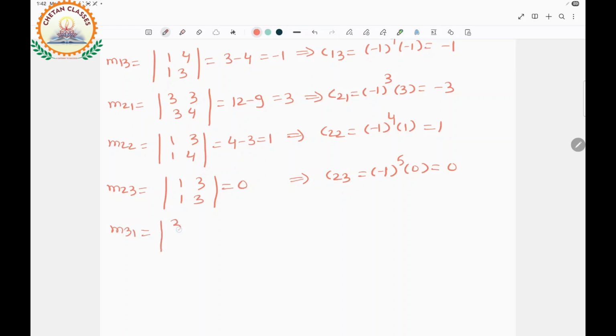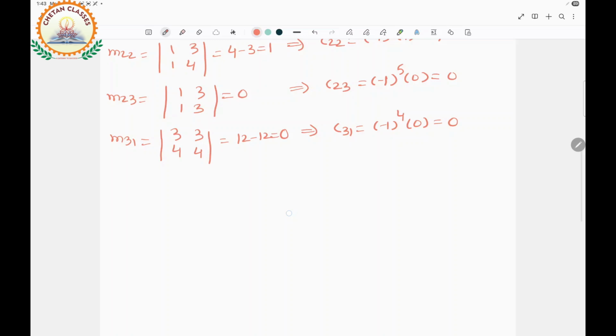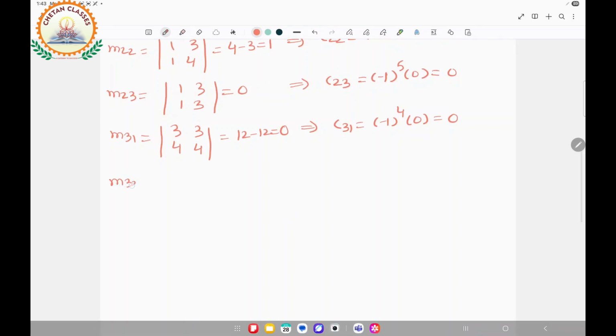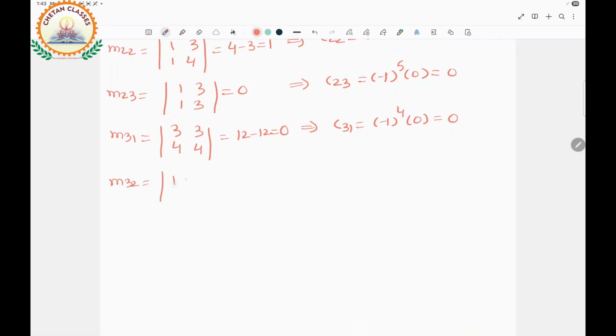M31 is determinant of 3, 3, 4, 4 is equal to 12 minus 12 is equal to 0. So C31 is equal to minus 1 raised to 4 into 0, which is equal to 0. M32 is determinant of 1, 3, 1, 4 is equal to 4 minus 3 is equal to 1.